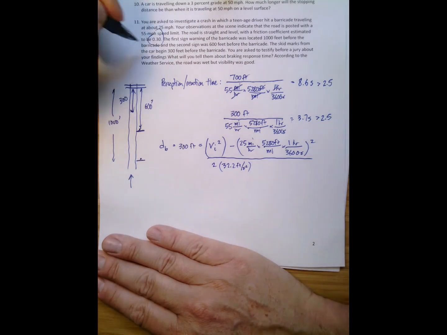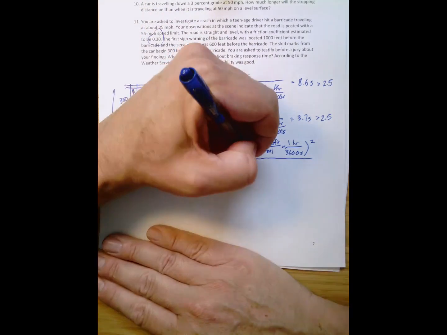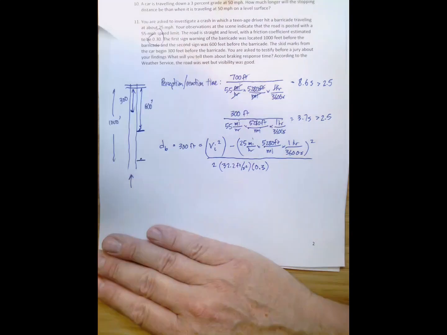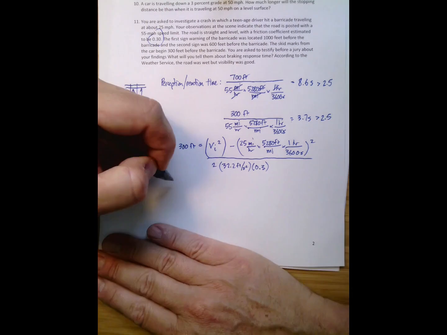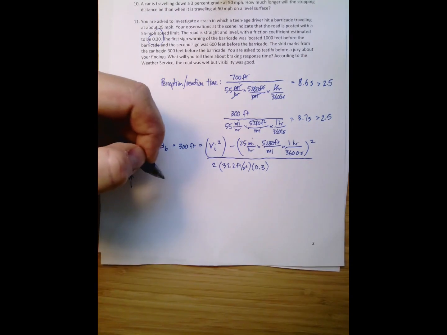And we were also told that the friction coefficient would be 0.3. So on level ground, we have all the information that we need to solve for V sub I.